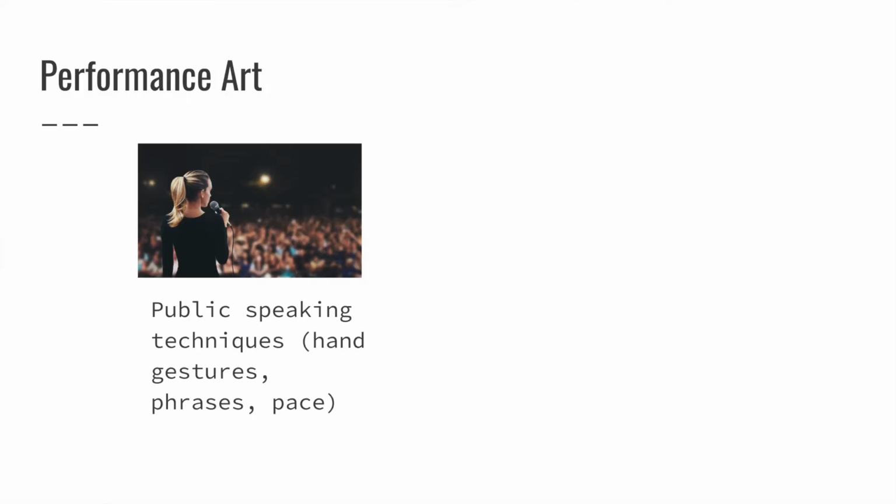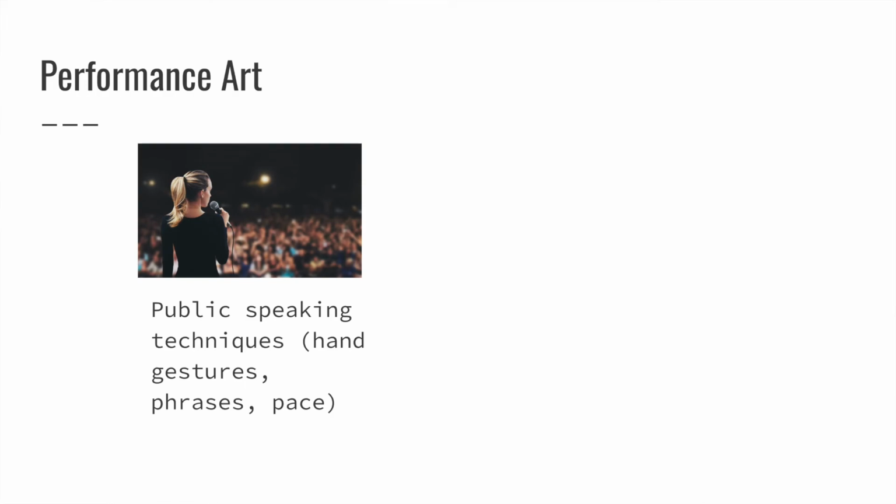Now, what distinguishes spoken word from other types of oral storytelling, such as giving a presentation or giving a speech? Well, it is a performative art. First, spoken word incorporates public speaking techniques that I talked about two videos ago, where you use a lot of gestures, you can use short phrases, and you don't have to use complete sentences.